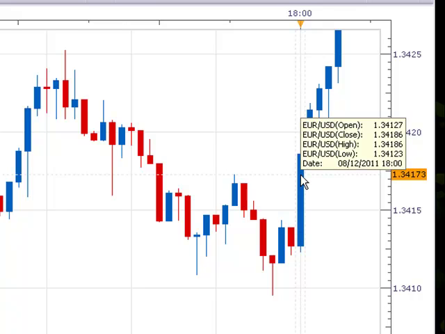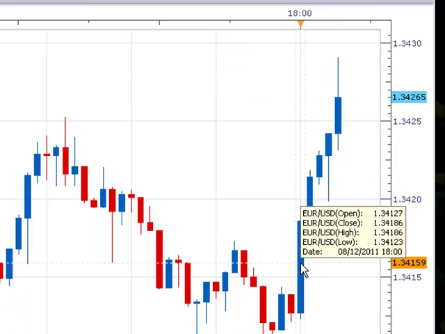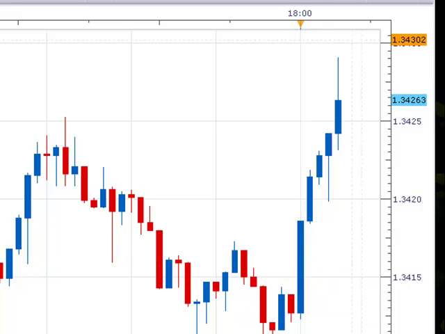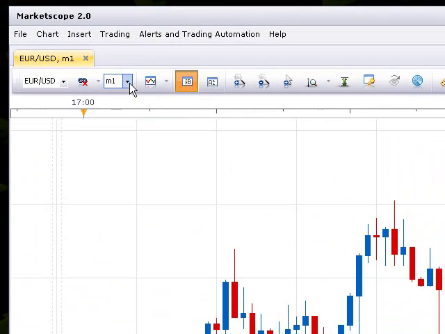The date and time displayed is the opening or starting time of the price candle. Not so important on a 1 minute candle, but if this was an hour candle, that could be important. The pop-up box disappears by itself after a few seconds.